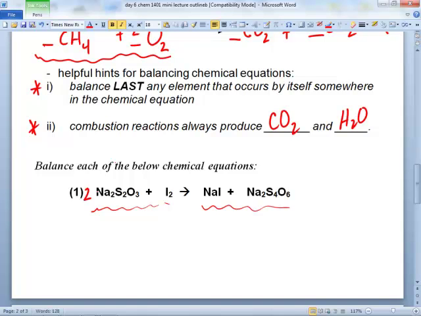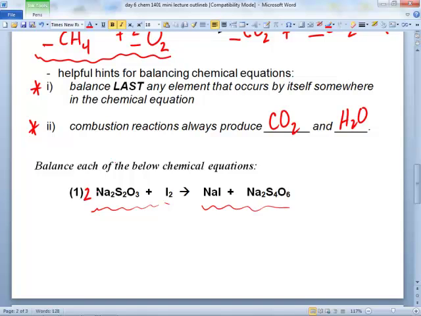Oh, we did the oxygens. 2 times 3 is 6. We did the oxygens. We did the sulfurs. And remember, iodine's last. The only one left would be the NAs, which is sodium. Everybody, how many sodiums on this side? 4. How many on this side? 3. All right.